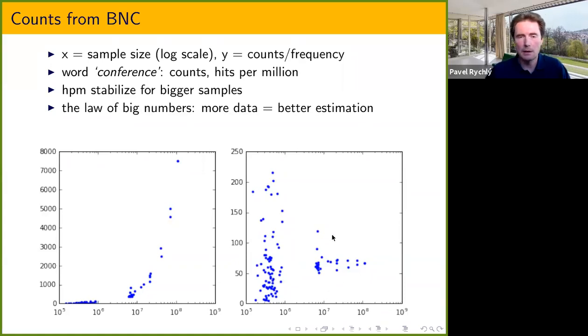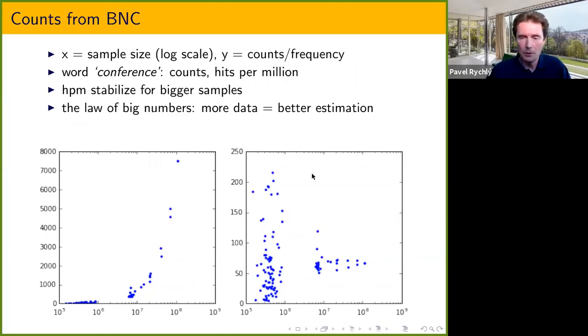And this is actually the law of big numbers. So more data is a better estimation, and much more data is much better estimation.